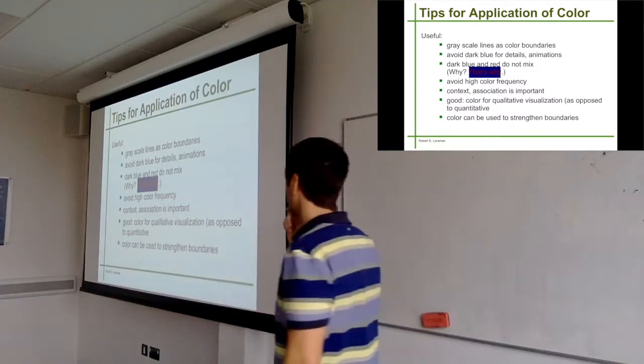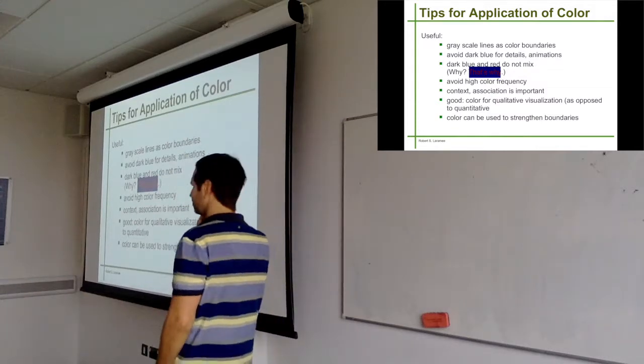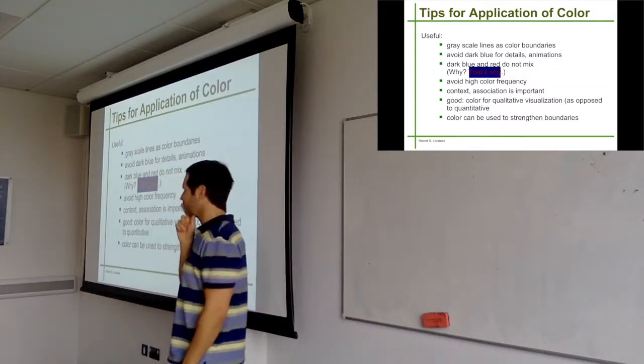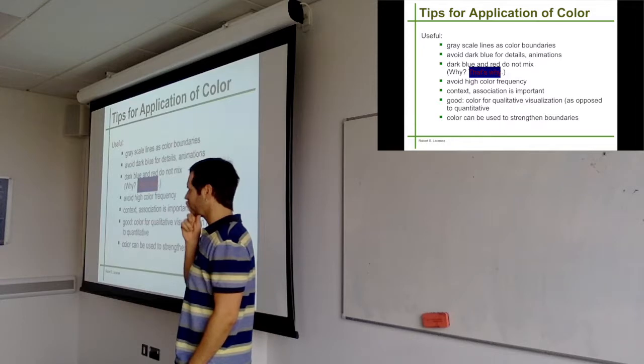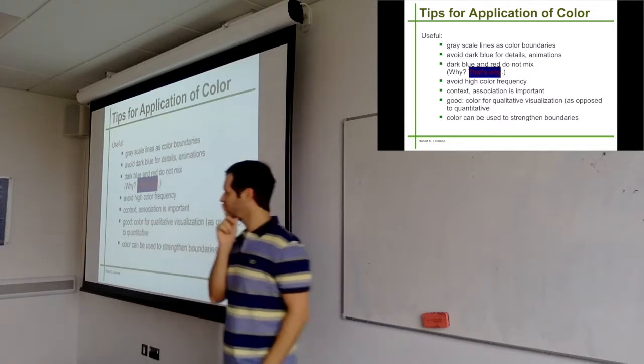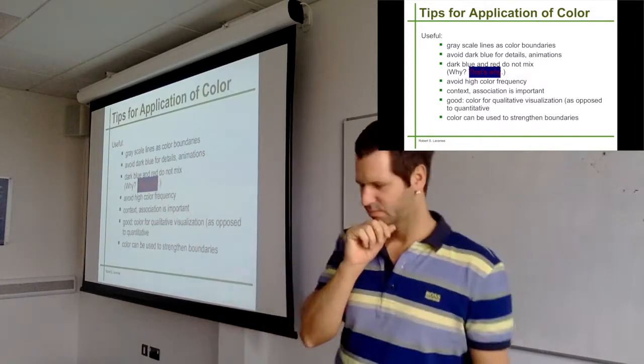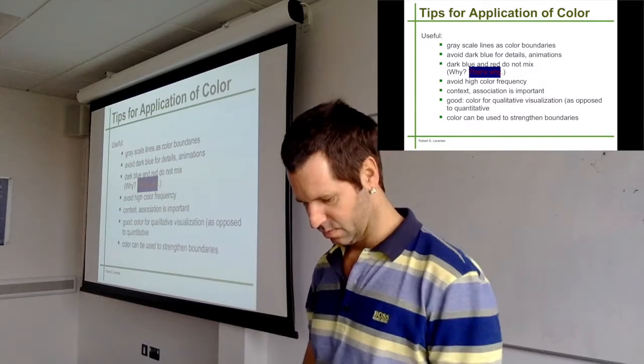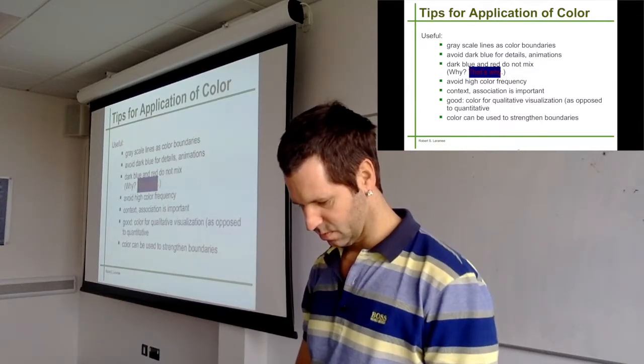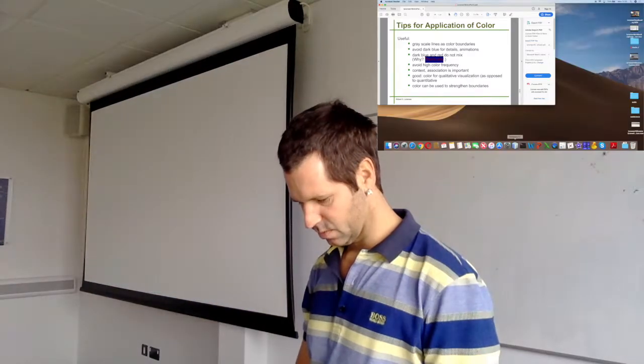There's a really good tool if you search WebAIM, which is a color contrast checker, and you put in your two hex codes for your colors, and it will tell you whether it meets a minimum accessibility requirement.